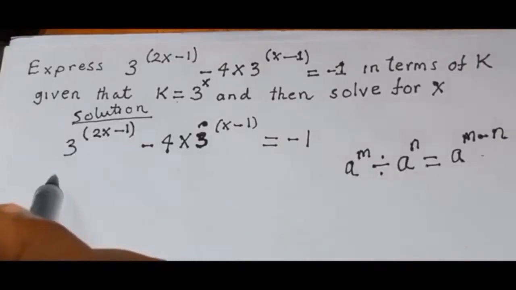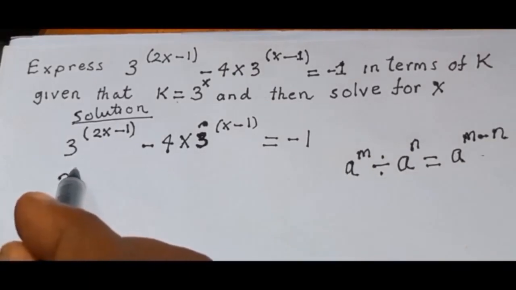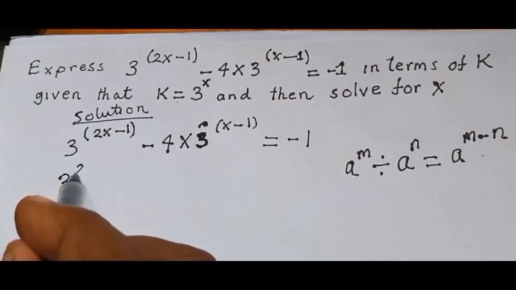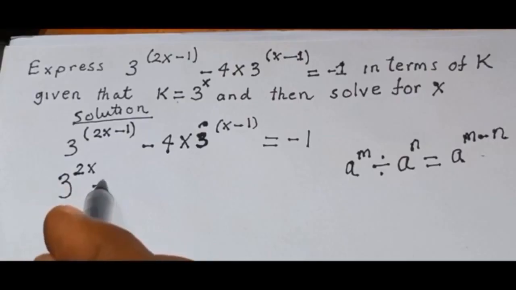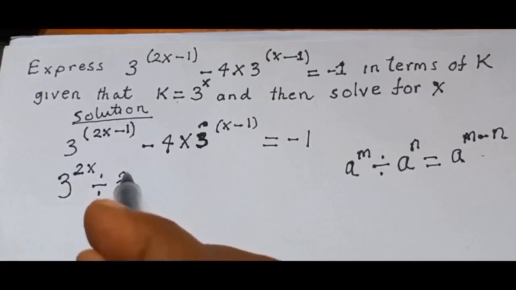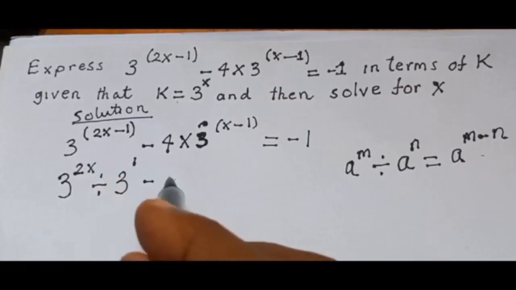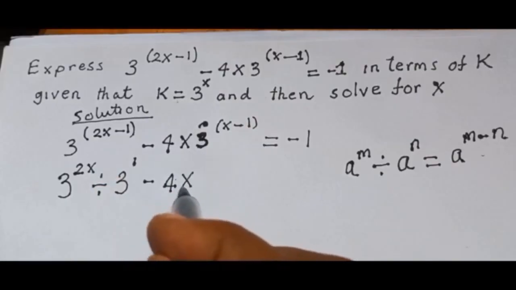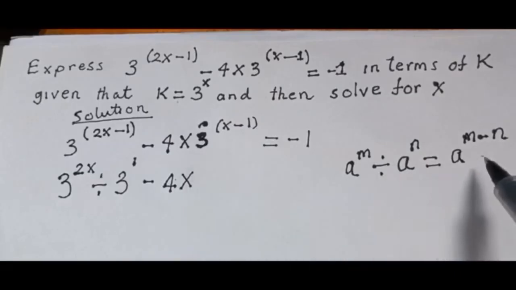So we know this is the same as to write 3 raised to power 2x divided by 3 raised to 1 minus 4 times, again here, this law of exponents will be used.